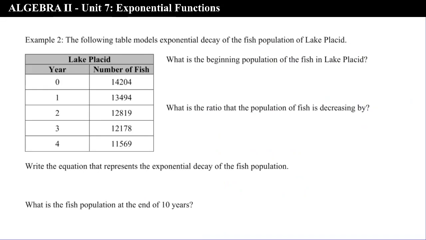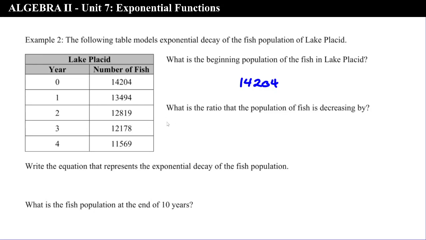Let's do another example. This time we're dealing with exponential decay of a fish population of Lake Placid. Okay, so what's the beginning population? It's 14,204. What is the ratio that the population of fish is decreasing by?